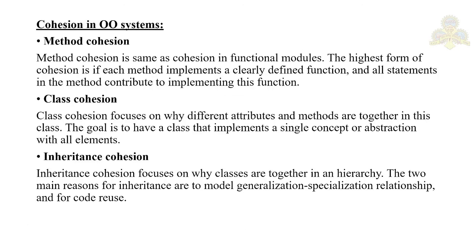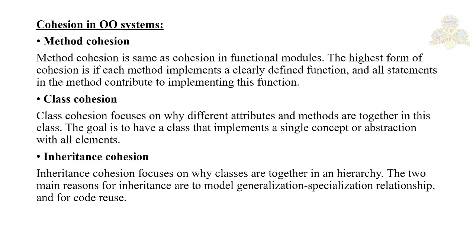Next, we will see the three types of cohesion in object-oriented systems. They are method cohesion, class cohesion, and inheritance cohesion. Method cohesion is the same as functional cohesion. The highest form of cohesion is if each method implements a clearly defined function.